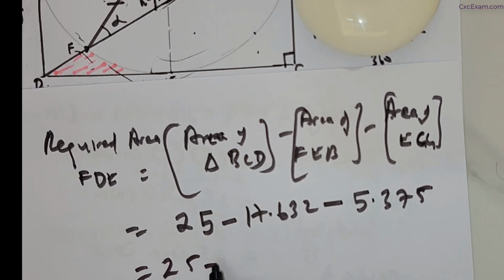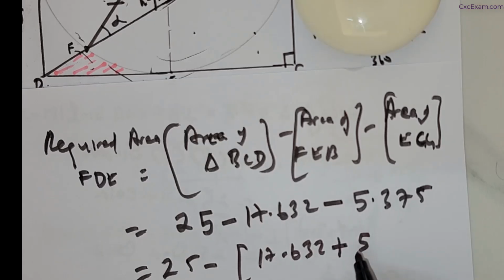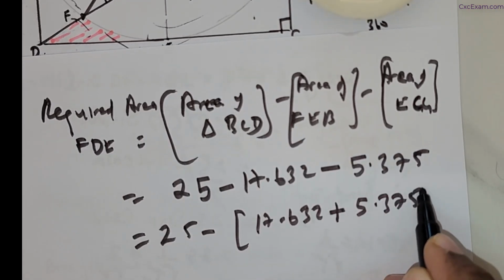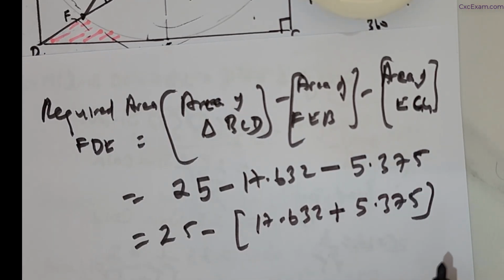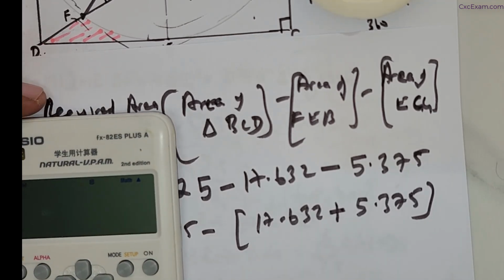So it's going to be 25 minus 17.632 plus 5.375. So we add these two together first: 17.632 plus 5.375.